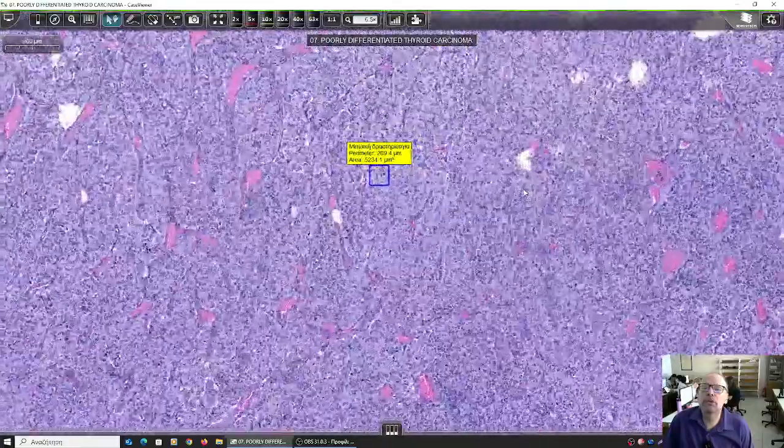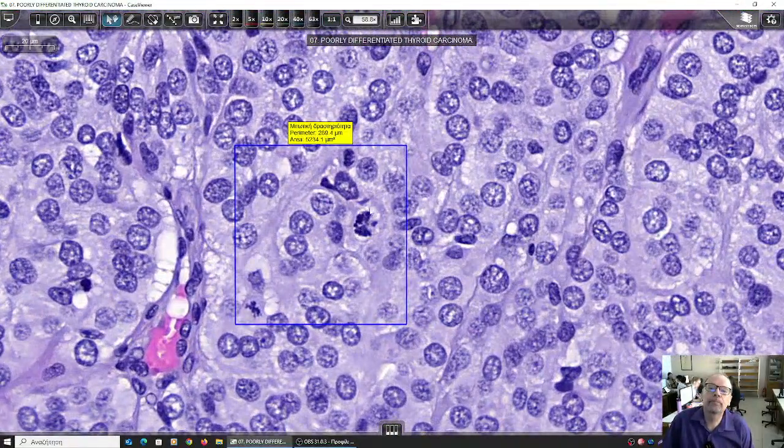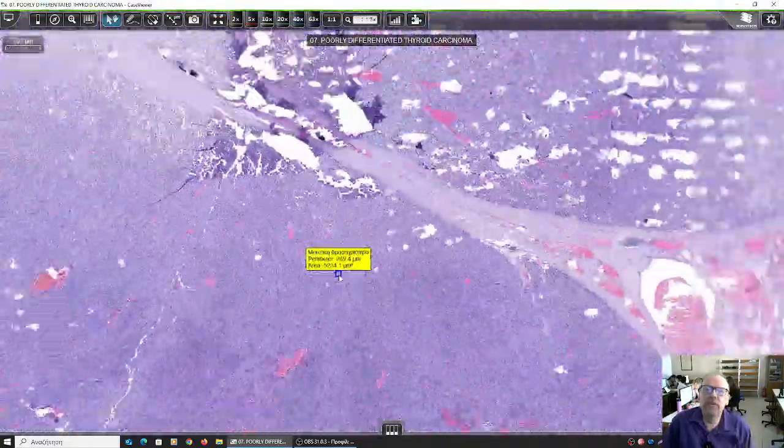We see mitosis here. Yeah, you see in one such small area, 3 mitoses. So yes, it exceeds the number of mitoses you should count in 10 high power fields. You just see it in 1. So that's a poorly differentiated carcinoma.